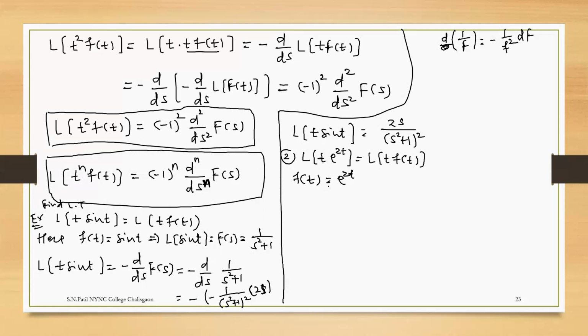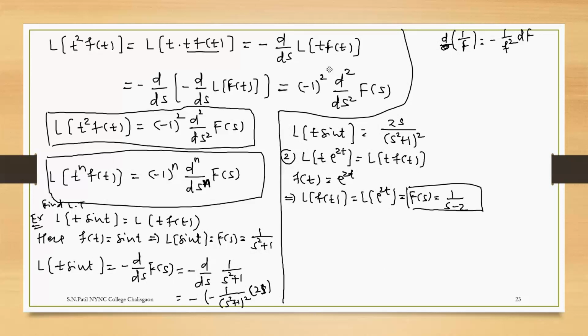So first calculate Laplace of f of t. Laplace of f of t is equal to Laplace of e raised to 2t, which is F of s, meaning Laplace of e raised to 2t is 1 upon s minus 2. This is the F of s.